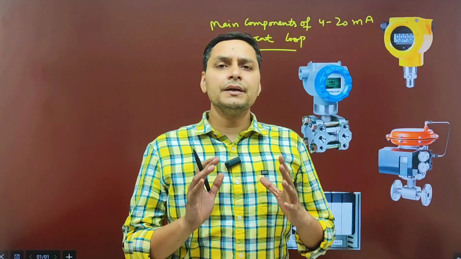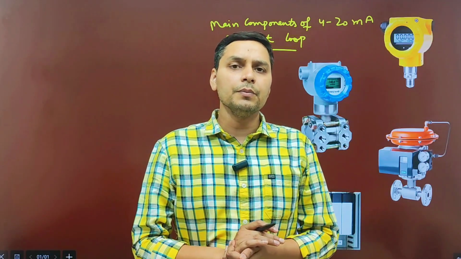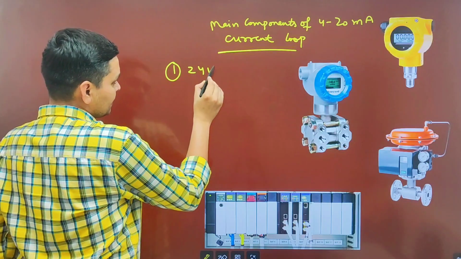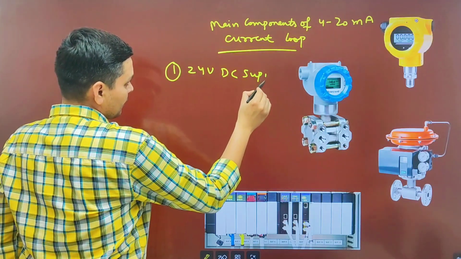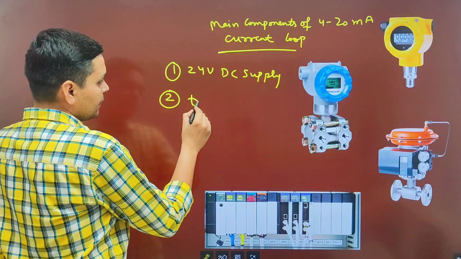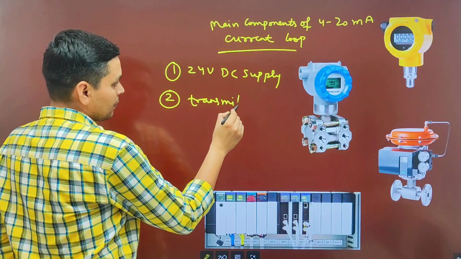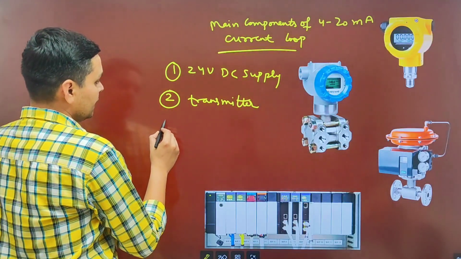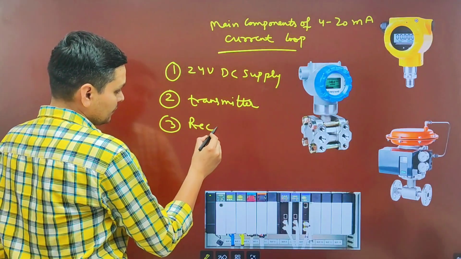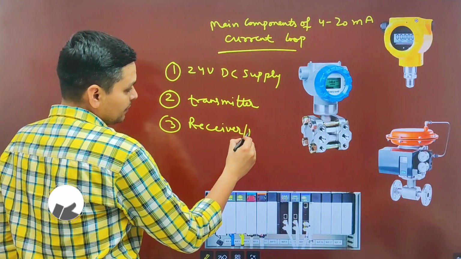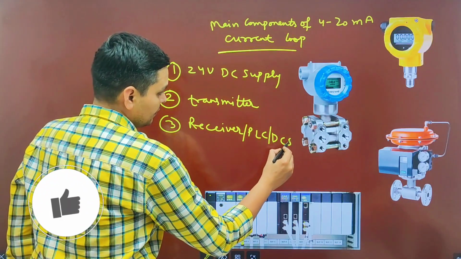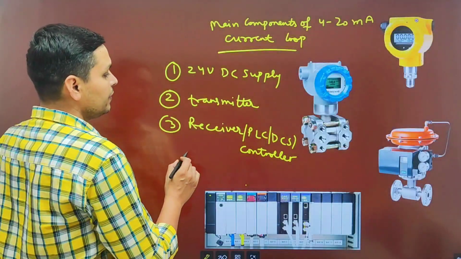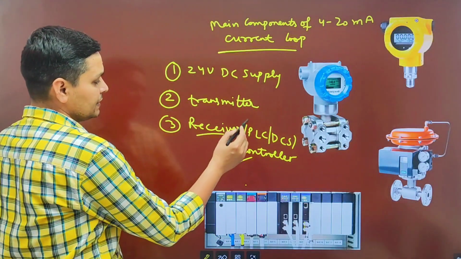Friends, now we will discuss the main components of 4 to 20 milliampere current loop. In main components, the first main component is 24 volt DC supply, and the second one is transmitter, which is used for measuring the parameters, and the third one is receiver, or we can say PLC, DCS, controller or indicator, or wherever we want the signal, we will use it as receiver.